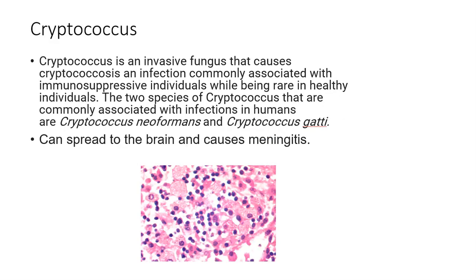And I can't get out of there without mentioning it. This is an invasive fungus that causes a disease in immunosuppressed patients. Again, very rare in healthy individuals, but it can get into the brain, particularly Cryptococcus neoformans, and cause meningitis.